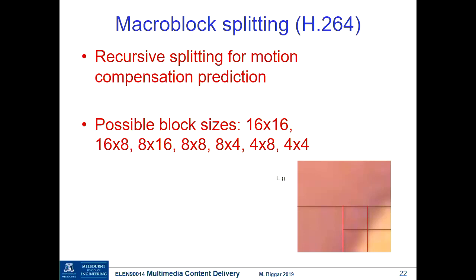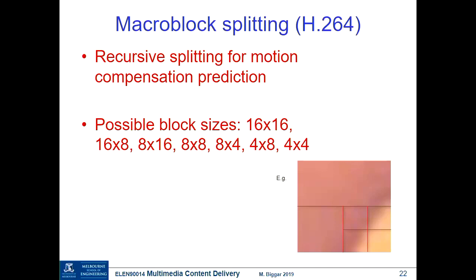And so it decides it's better to split the block up into two 16 by 8s, and then keep on splitting the lower half down, as you see. So there's this little hierarchy defined, and if the encoder wanted to, it can split it right down to 4 by 4 pixel blocks and associate a motion vector with each one.